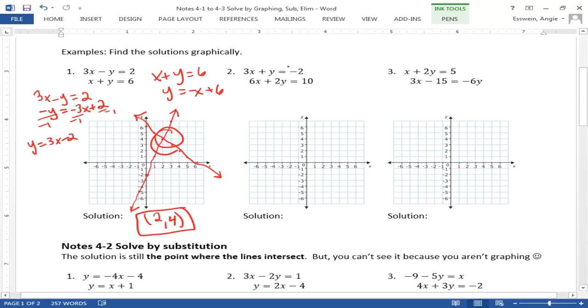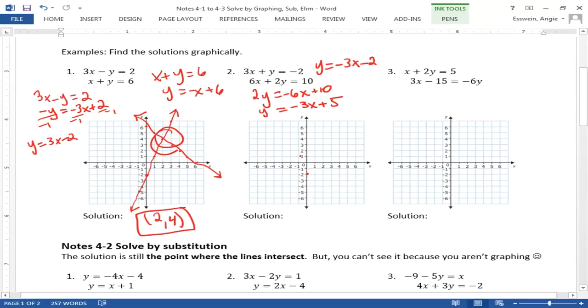So let's try this one. For this equation, you would just subtract 3x. You get -3x minus 2. For this equation, you would subtract 6x. You get minus 6x plus 10, and then divide by 2. So there's our two equations. The first one, I start at -2, and I go down 3, right 1.